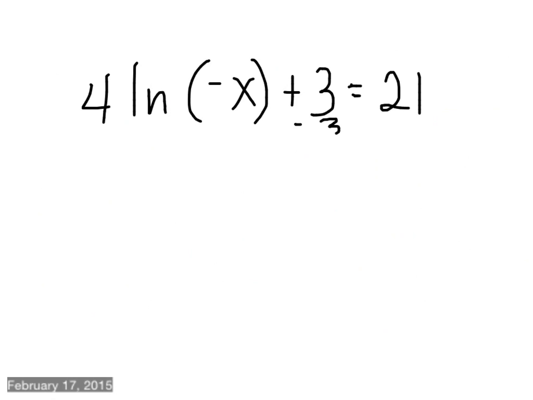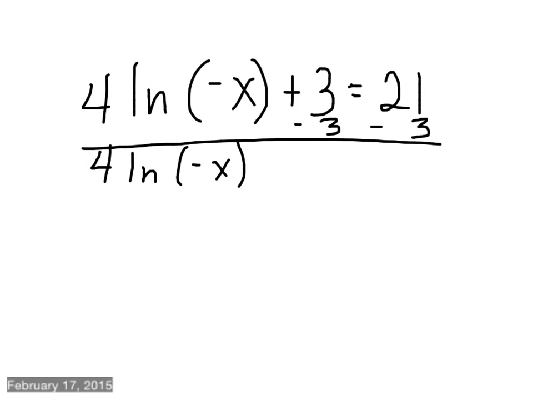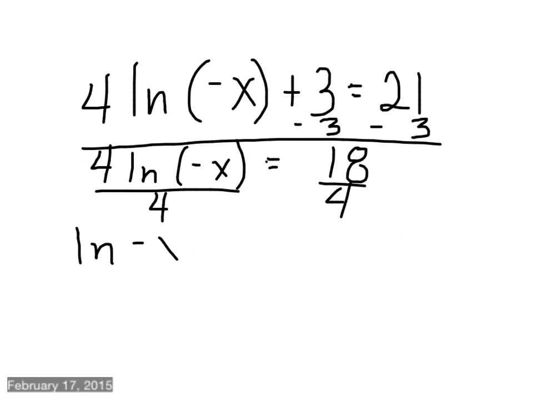Good. What's 21 minus 3? Okay, now what? Divide by 4. I know that 18 divided by 4 does not come out evenly, and that's okay. It doesn't have to. But I should get 9 halves, or 4.5, right? Is everybody okay with that?